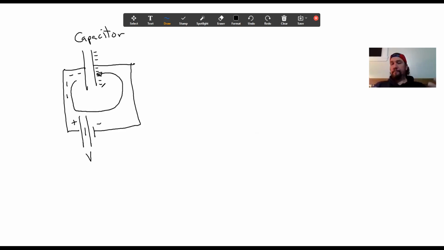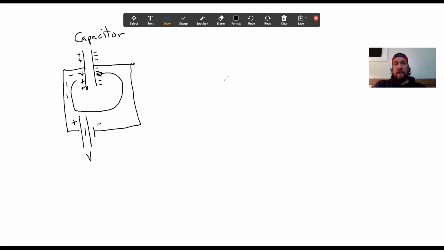We learned that it's the electrons that move, not the protons, not the positives. But as you remove electrons off this plate, it becomes more positive, so that you have a potential difference. Remember that term, right? Potential difference between the two plates that will eventually equal this voltage that we have here. So that's fundamentally what a capacitor does.